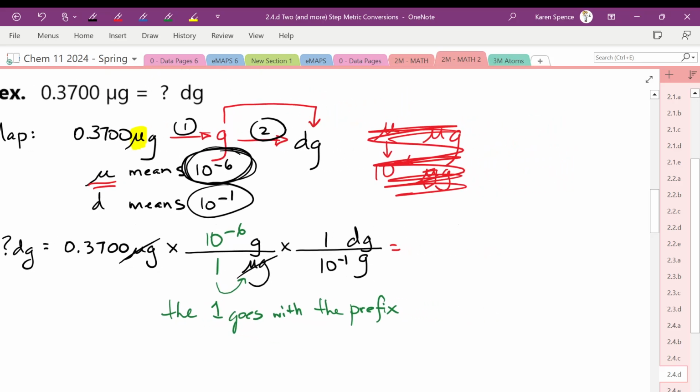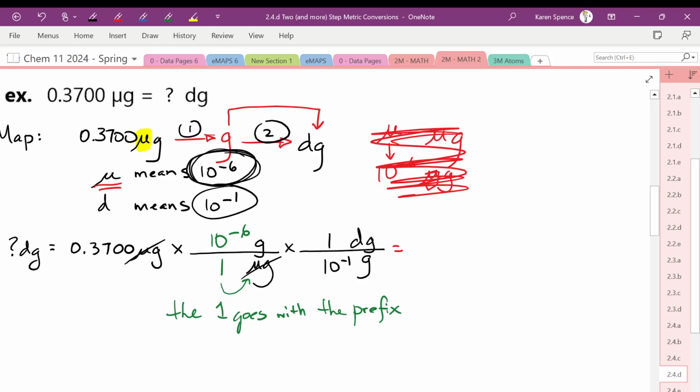You can plug this into your calculator, or you can do it this way. This is how I like to do it because I'm lazy. 0.3700 times 10 to the negative 6 times 10 to the, if I want to bring this up into the numerator, I make it 10 to the 1. You don't need to know how to do that. You can just use your calculator. But sometimes we forget our calculator, and that's kind of handy.